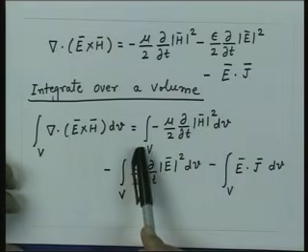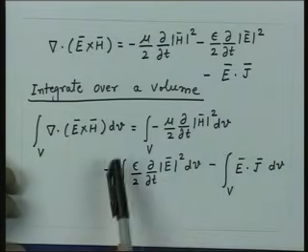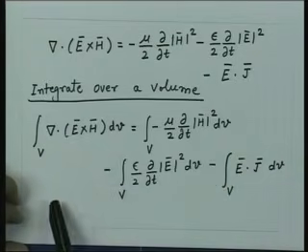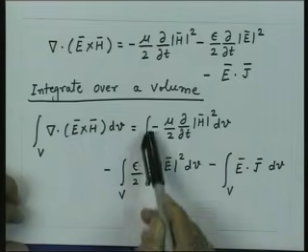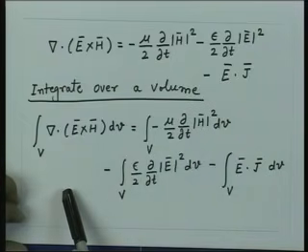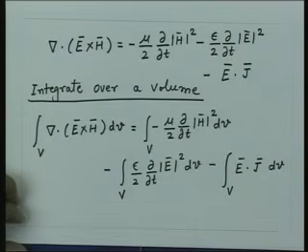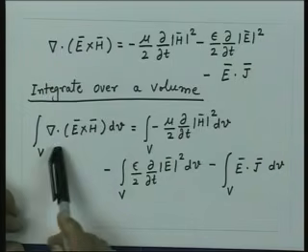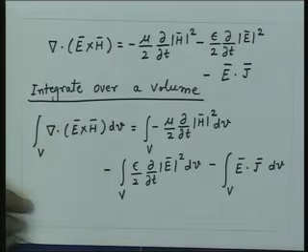Again, assuming that this volume is not varying as a function of time, that means the fields are only time varying, but the space is not varying as a function of time, we can interchange this d by dt with the integration. So, we can take this d by dt out of the integration sign, and that same thing I can do here also, and I can apply divergence theorem on this left side to change the volume integral to the surface integral.